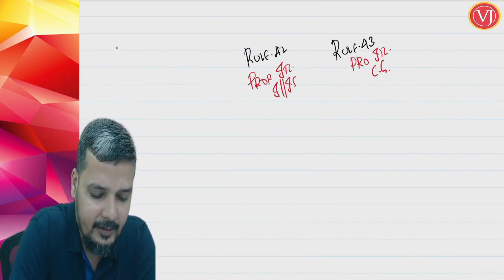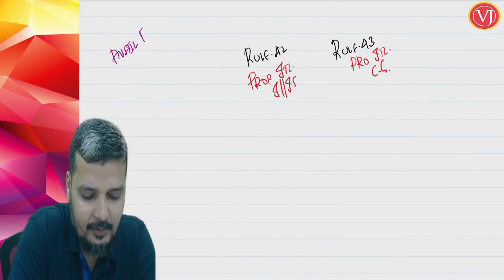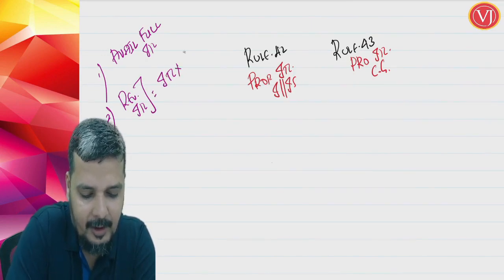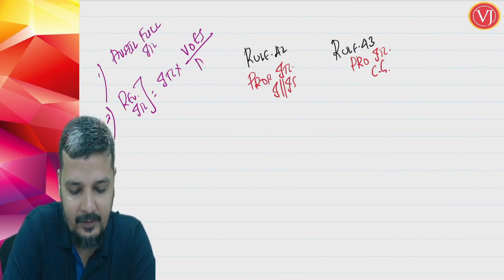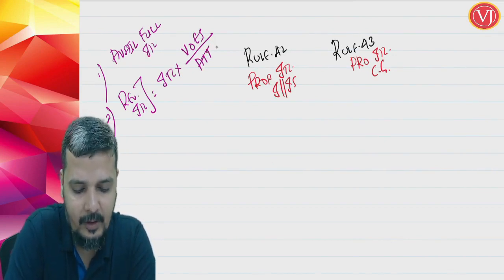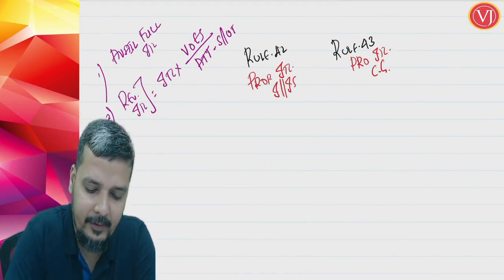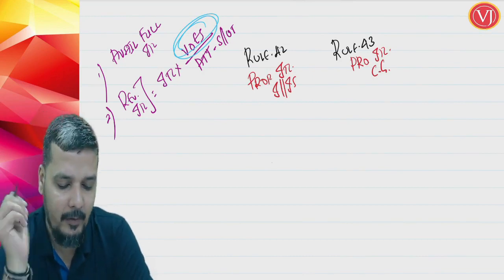Then you will reverse a part of ITC. The formula is ITC multiplied by value of exempt supplies divided by adjusted total turnover of that state or union territory. So the focus is on value of exempt supplies. The more exempt supplies you have, the more will be the reversal.